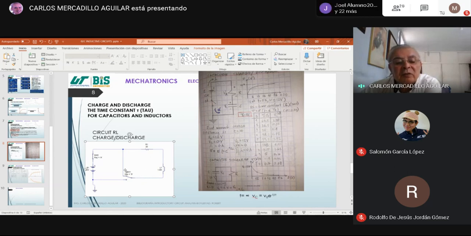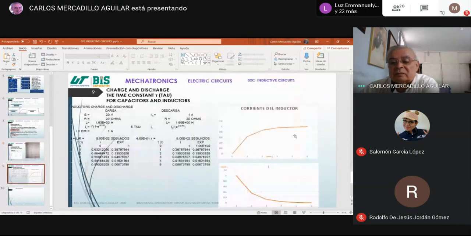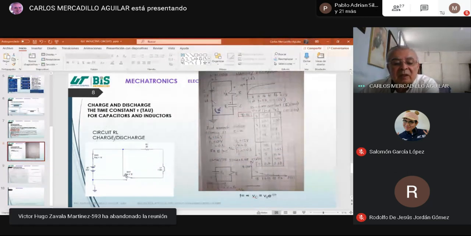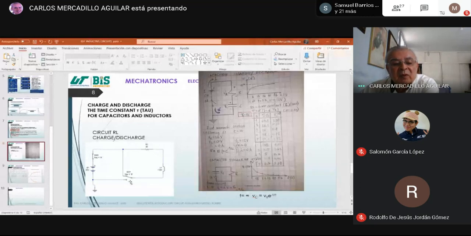I want you to do a simulation of this in Multisim or in LiveWire, so that you can put here an ammeter, and that you will record how this curve will be growing. Okay? So that will be the object of the simulation. It's very simple. You can use these values, or you can choose other values.